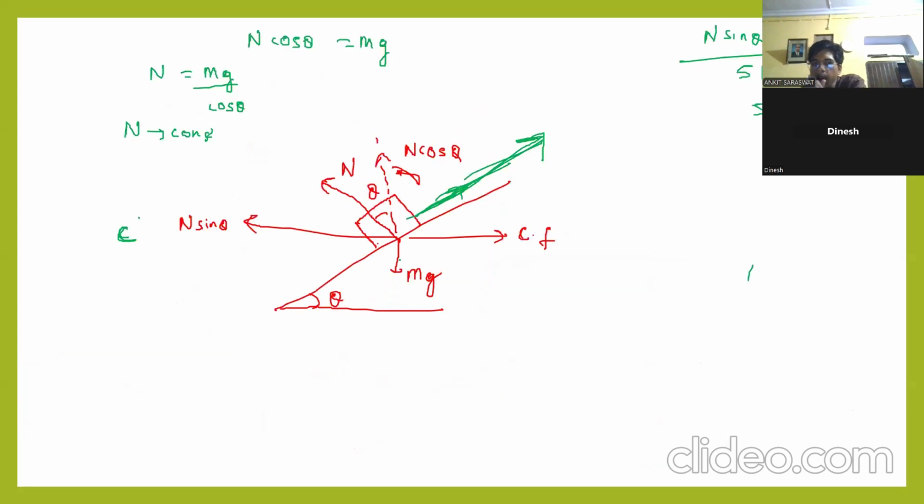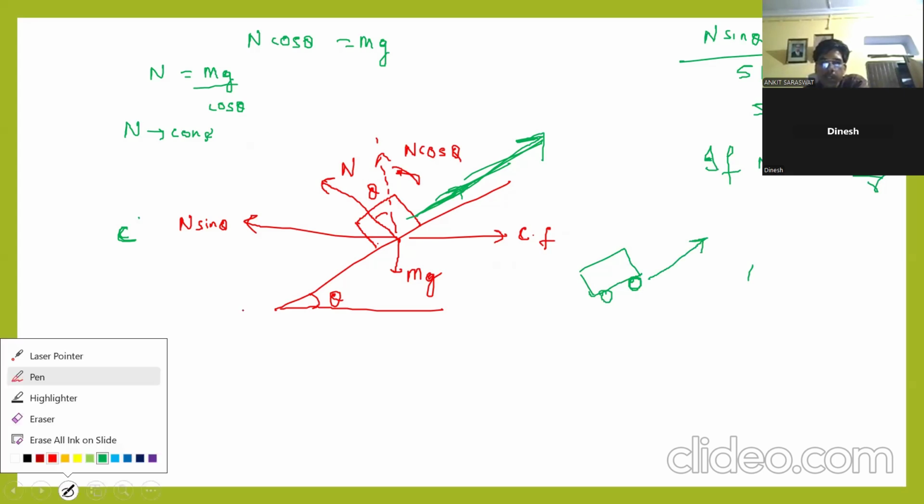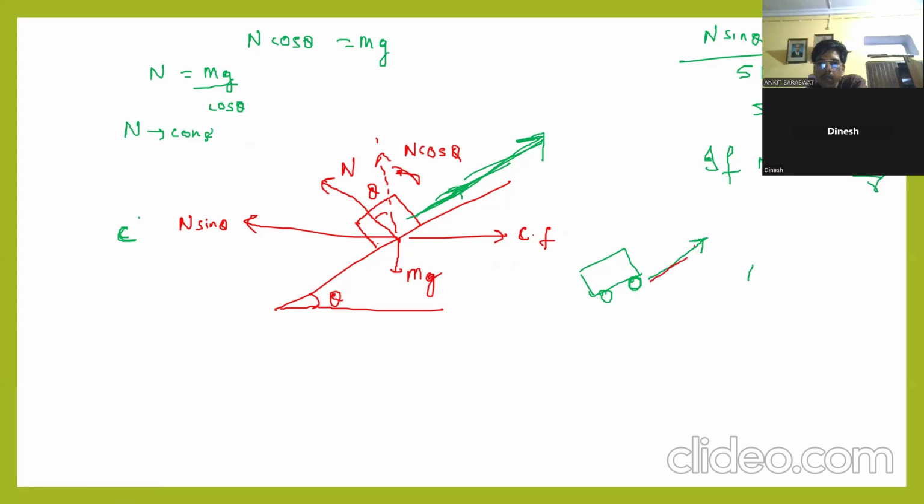So please tell me, my question is, if N sin theta is less than mv square by r, then the vehicle wheels have a tendency to move in which direction? This direction, no? With the centrifugal force, they will skid outside. Then friction will act opposite to that, tangentially, like this.